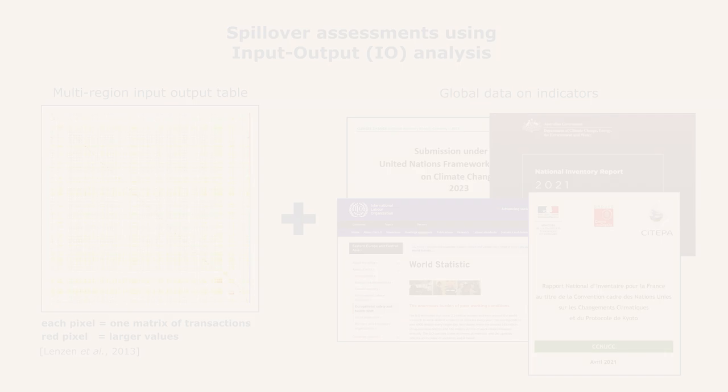For example, if we know the quantity of greenhouse gases emitted by each sector in each country, data that we can obtain from national greenhouse gas inventory reports, then we can connect those emissions with the products or services produced by that sector and follow them as they make their way from the country of origin to the country of consumption.